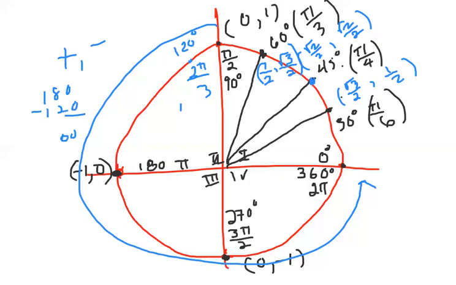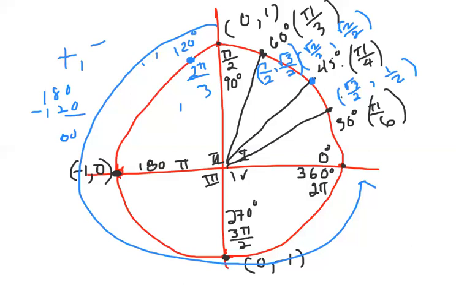So 120 degrees has the same reference angle as 60. Since it has the same reference angle as 60, we can use the information about the 60-degree angle in the first quadrant to come up with the coordinate right here. That's going to represent 120 degrees. So at this point, what do we know? We're in quadrant number 2. In quadrant number 2, we know x is negative and y is positive.